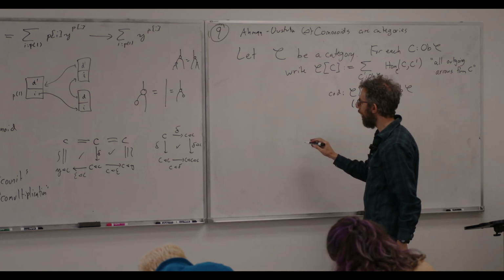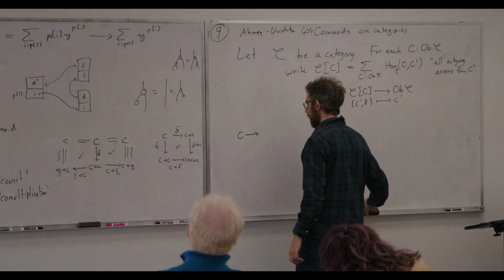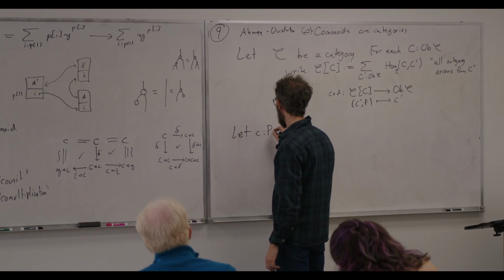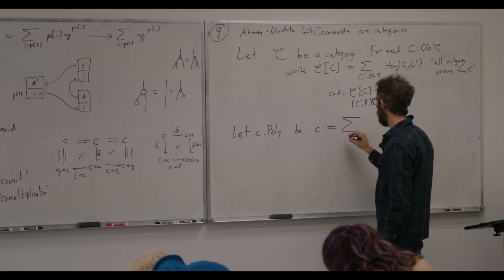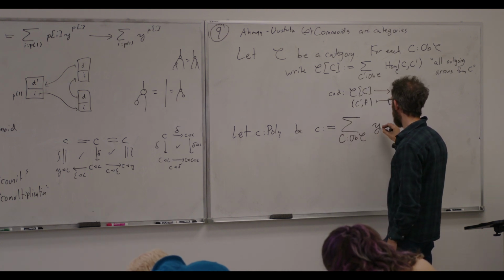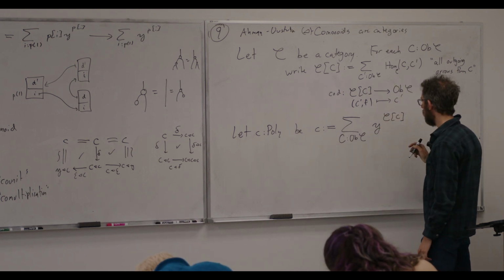Okay. So how do we form a map from... let script C be defined as the sum over c in Ob C of y to the C bracket c. These are all capitals.